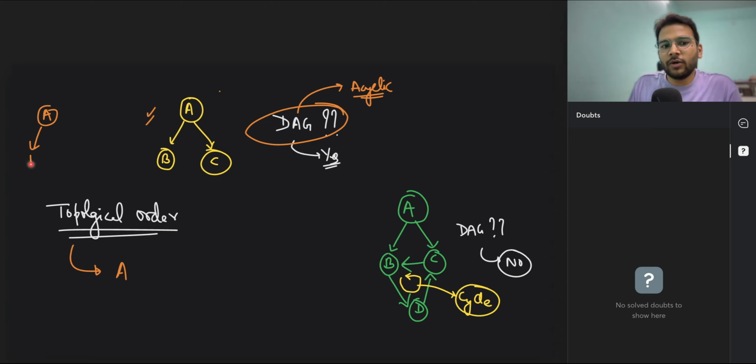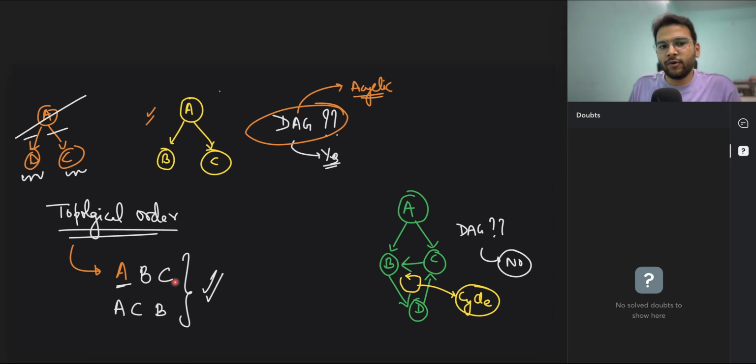Directly also you can write it, but this is a method you can follow: once you write A in the topological order, you can ignore it. That means these edges are also not present here. Now you have two choices. Either you can consider B or you can consider C. If you consider B first, then you can have C here. Or if you consider C first, then you can have B here.